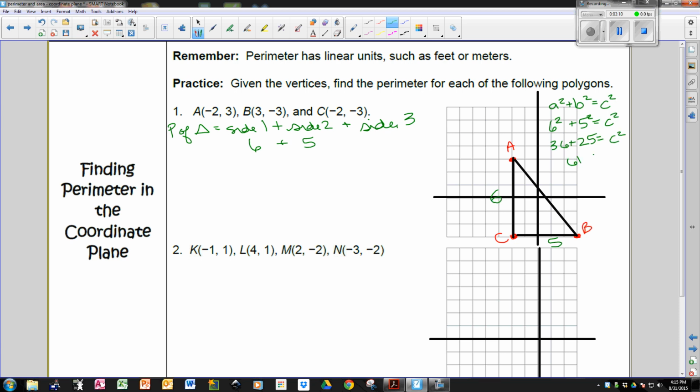And of course, I would need to take the square root to get c, and in the calculator it would be about 7.8. So this side is 7.8. So now I just add them all together and I get that the perimeter is 18.8 units. So the perimeter of triangle ABC is 18.8 units.